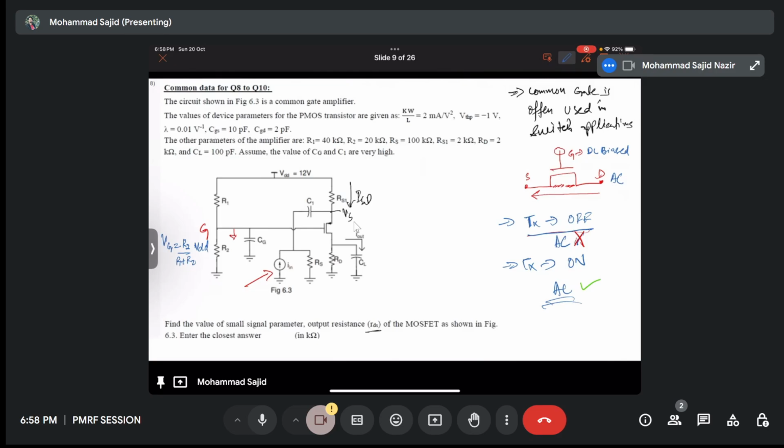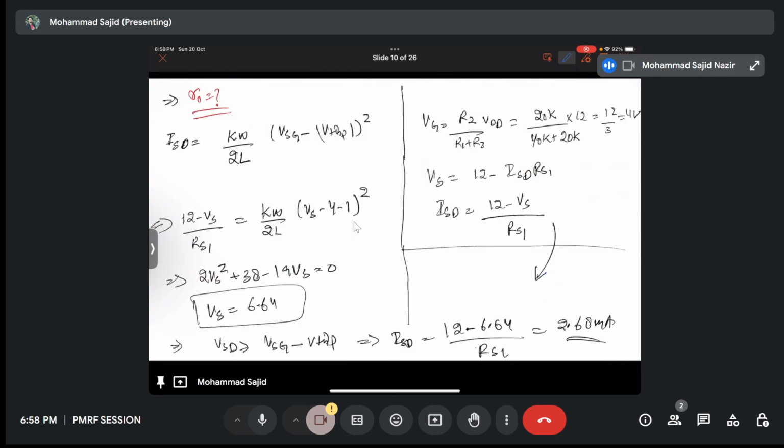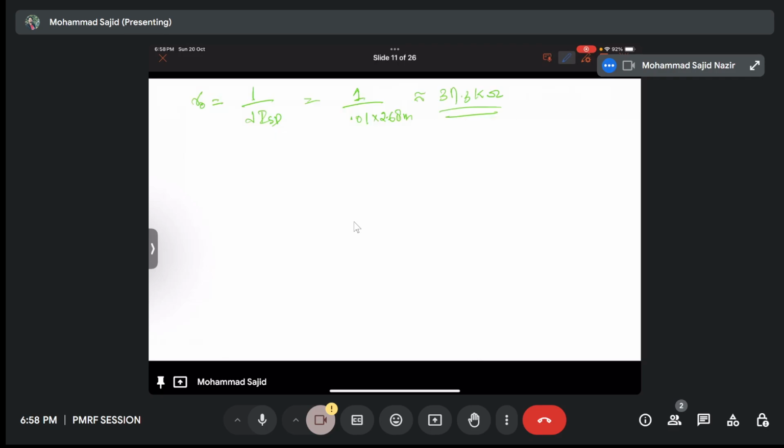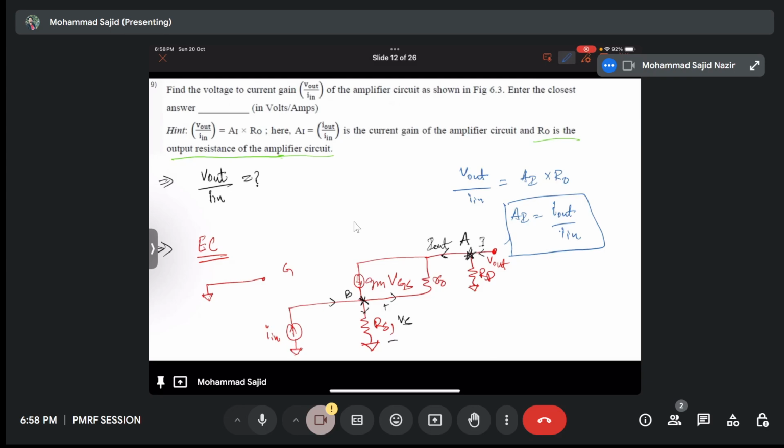First, it would be important to have all the DC points, like here VS and IST, and R0 is simply 1 by lambda IST. Find the output voltage, and find the voltage to current gain, V out by IN. For that I have drawn this equivalent circuit, which seems very important here.